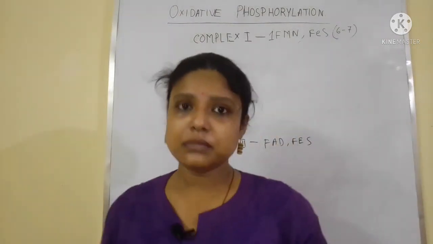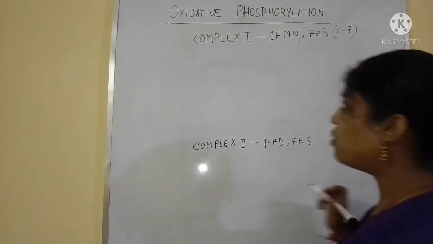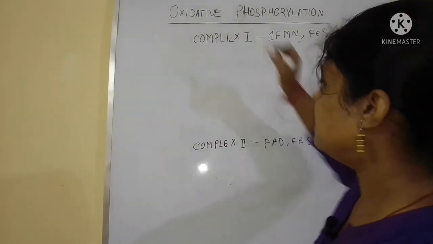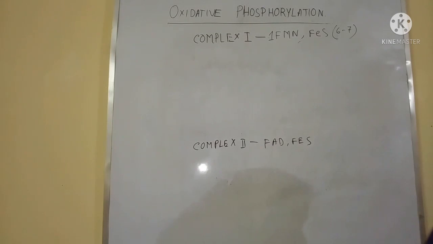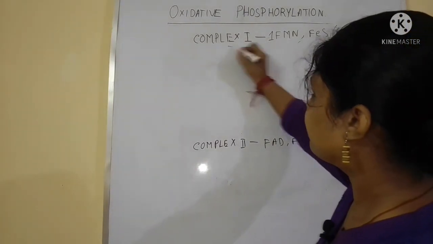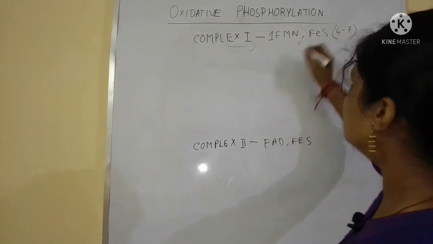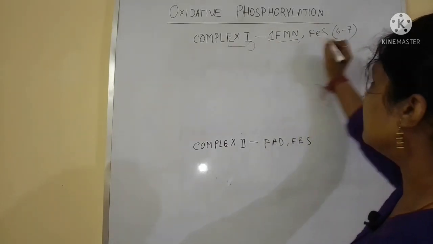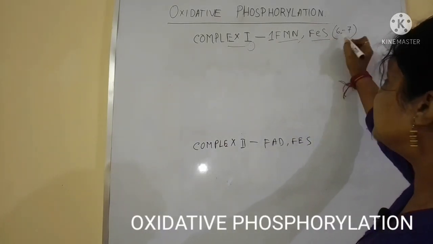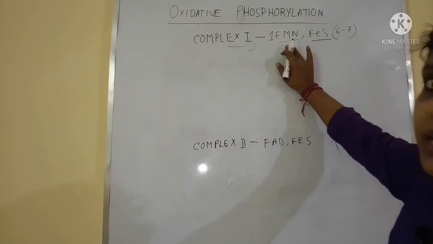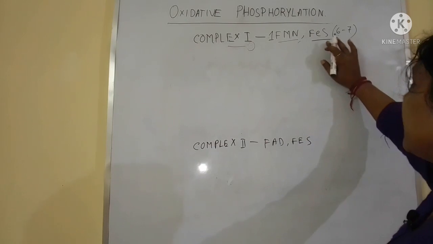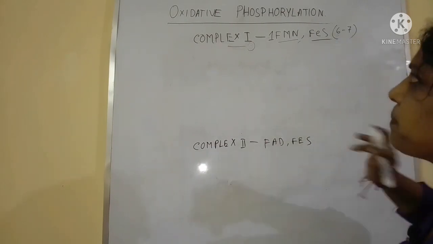Now we learn what the role of complex 1 and complex 2 is in oxidative phosphorylation. Complex 1 constitutes one FMN and 6 to 7 FeS clusters.